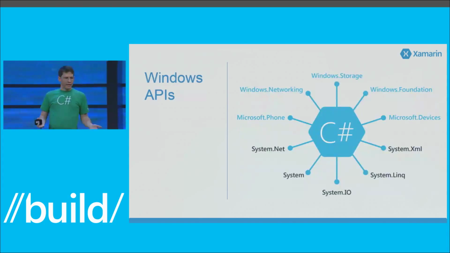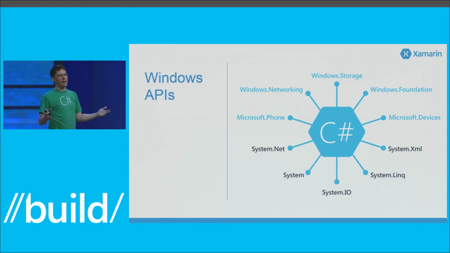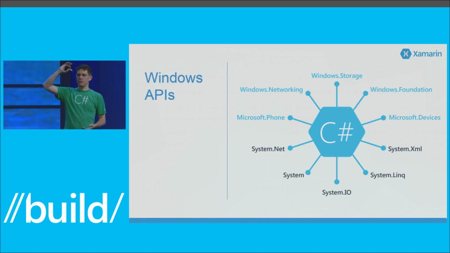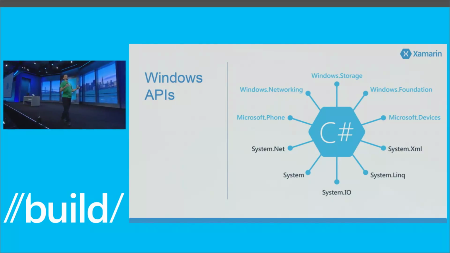Most of you are familiar with how you build Windows applications. The APIs that I have listed at the bottom are what we consider the core libraries, the base class libraries. These are things you can expect in a web app, a console app, a server app, a mobile app, or WPF. This is the stuff you can find everywhere, and it's what we recommend you use in your lower layer.